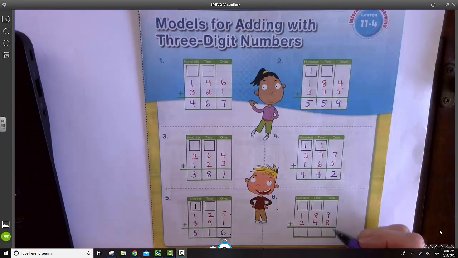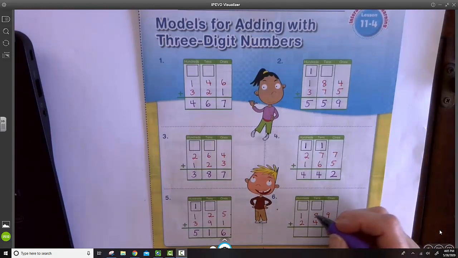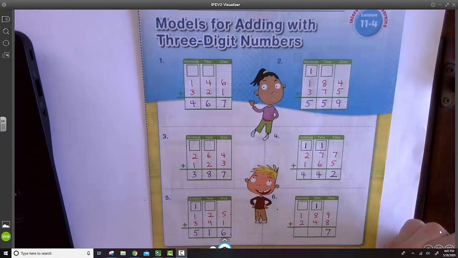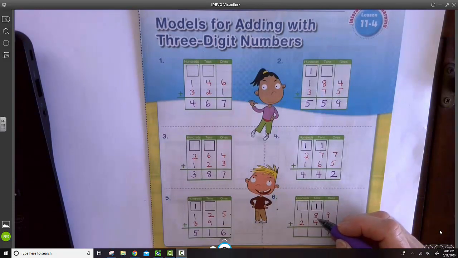Fantastic. Last one together. I see regrouping in the ones column. I see regrouping in the tens column. And of course, no regrouping here in the hundreds. 9 plus 8, 17. Let's put our 7, regroup the 10. And now we'll add our tens. We have 1 ten, 8 tens, and 4 tens. 10, 80, and 40.